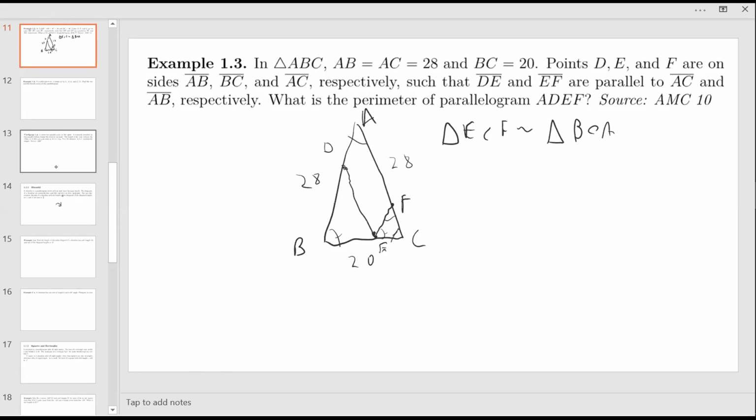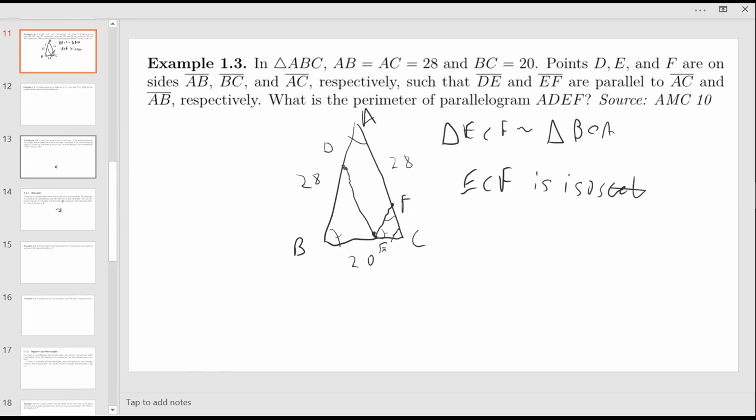So we get that these are similar by AAA similarity. Then ECF is an isosceles triangle since BCA is also an isosceles triangle. So that means that EF is equal to FC.